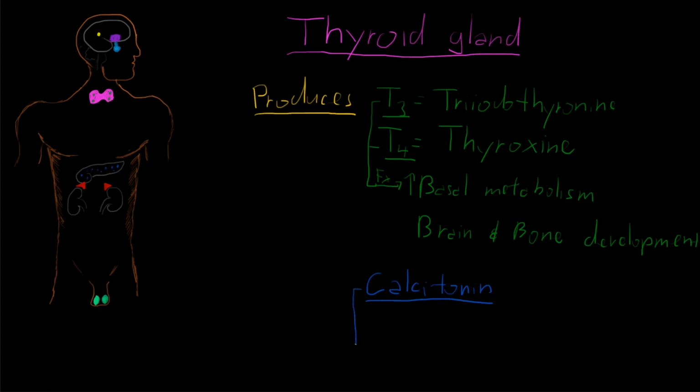And the function of calcitonin is to regulate the amounts of calcium in the blood. More specifically, calcitonin takes the calcium in the blood and puts it in the bone. So the final effect of increased levels of calcitonin is to decrease the serum level of calcium.